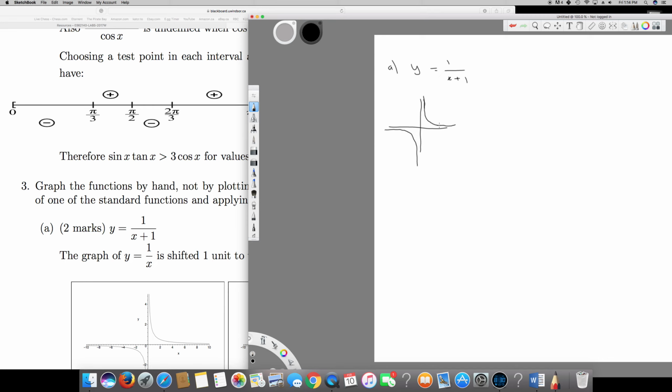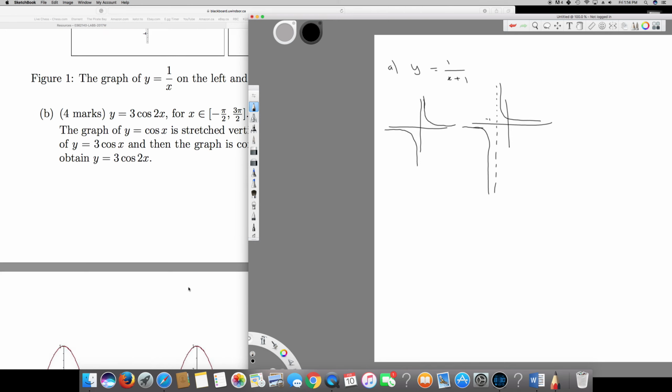So if it's plus 1, we have to draw the asymptote at negative 1, when x is equal to negative 1. I'm going to draw the same graph, but this time it's never going to touch negative 1. So it's going to be like this. This is my graph for that question.